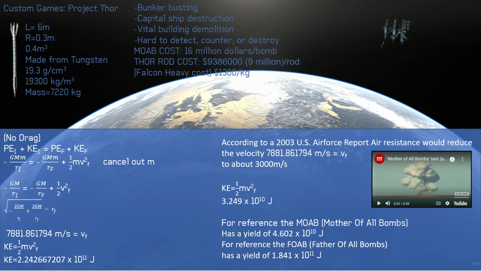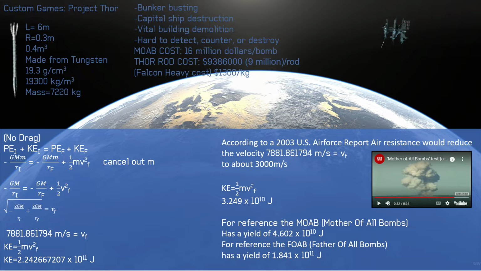For example, the Falcon Heavy, the most recent spacecraft, I believe by SpaceX. The cost of moving things into space is now $1,300 a kilogram. Calculating that with the mass of a single tungsten rod leaves you with about $9 million per rod.